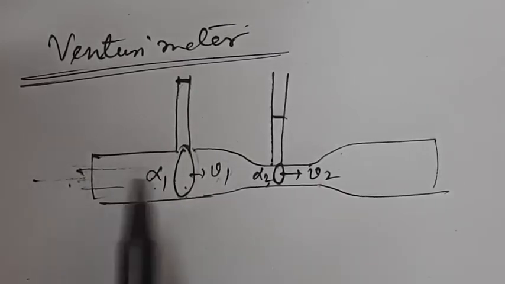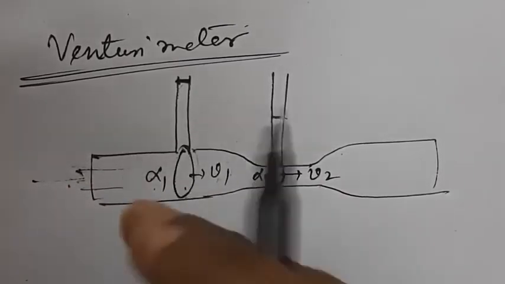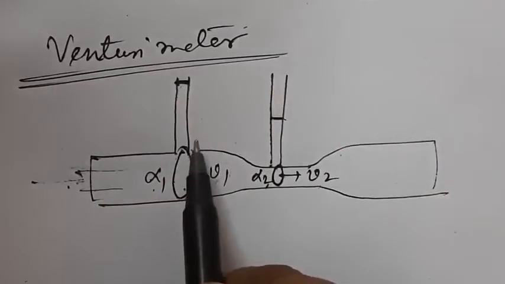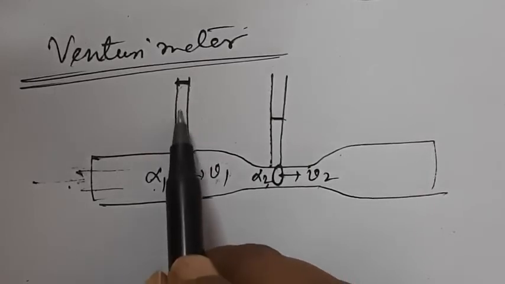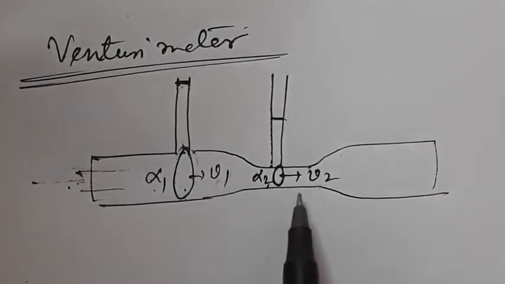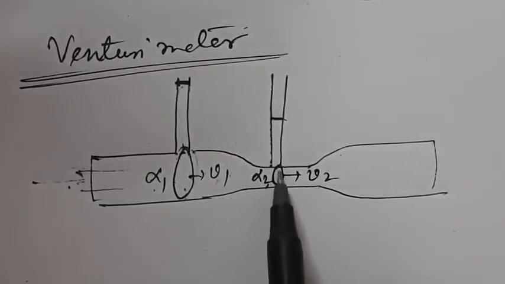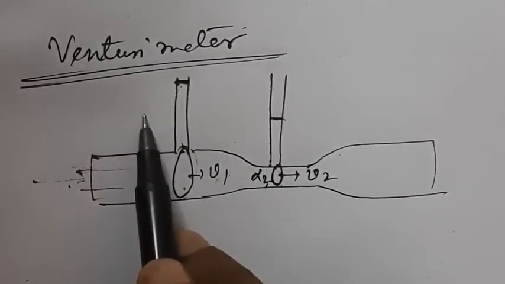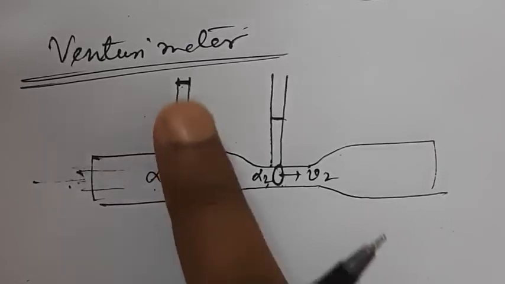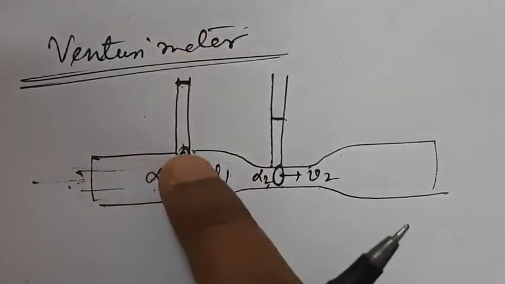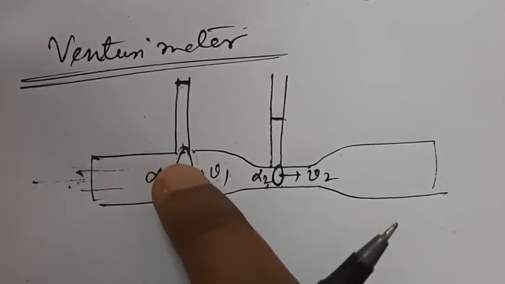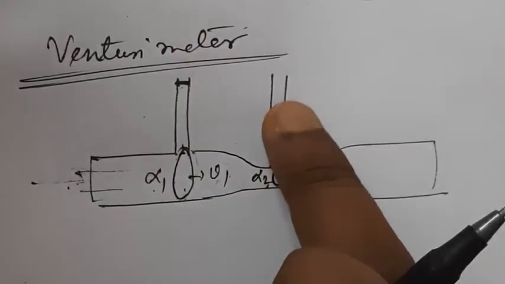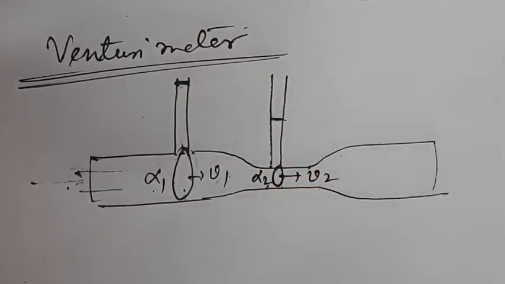So the maximum part of the pressure is used to make the liquid rise in this tube, whereas here the pressure is more, so the liquid level rising in the tube is less than this one. Here the pressure is less, so it rises more. The pressure is used up more to rise this level, whereas in this case it rises very little.